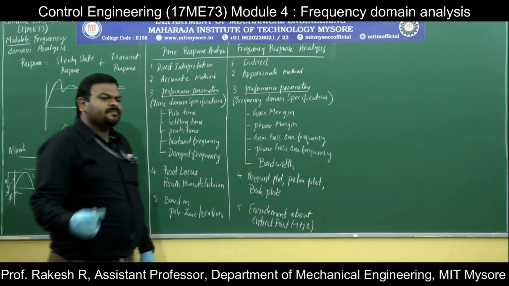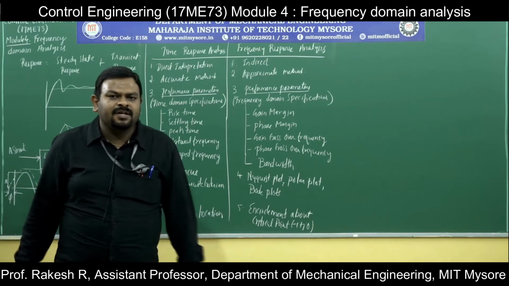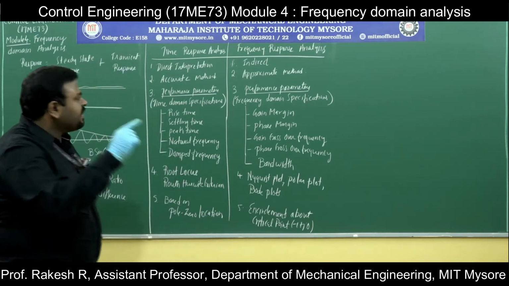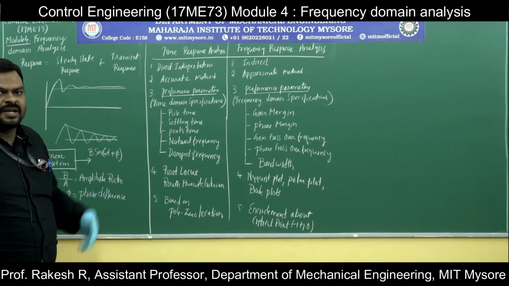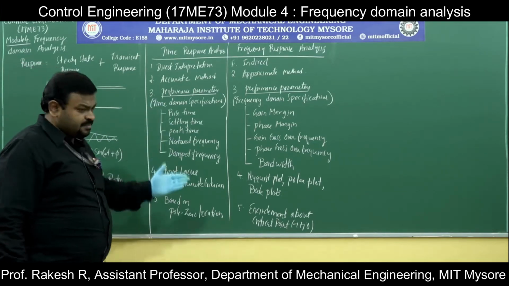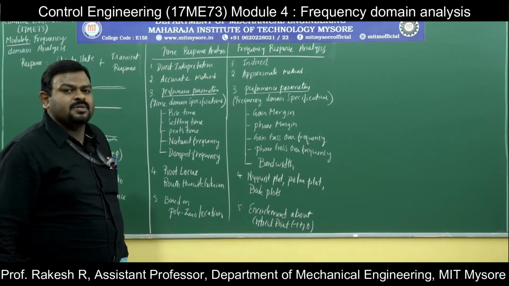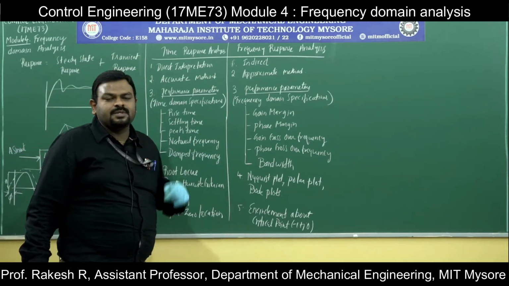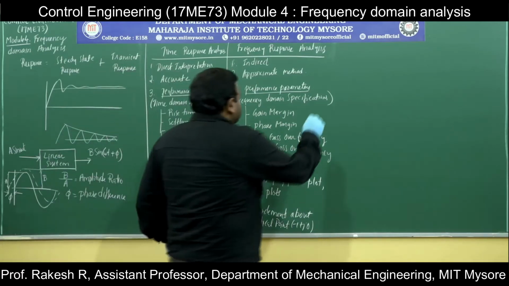At this point of time, it is very difficult to digest what exactly this is. After completion of module 4, I will be recalling this again, the differences, then you will know what exactly these terms are. So these are the differences between time response analysis and frequency response analysis, or time domain versus frequency domain.